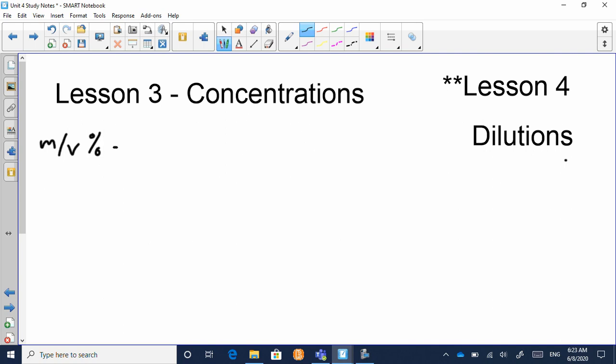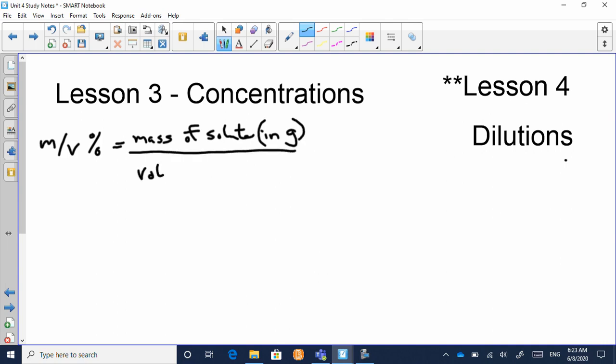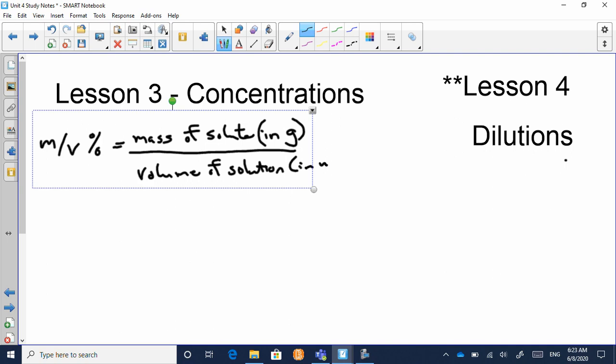And for the mass volume percent, we did the mass of the solute. I'm going to put in a note here that it's in grams. And we divided by the volume of solution, and it was in milliliters, and then we did times 100.